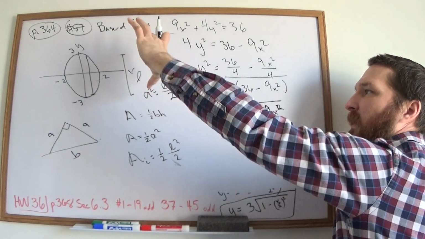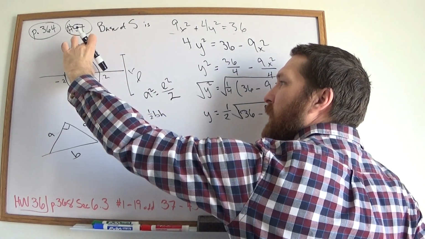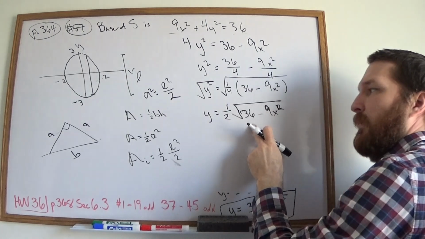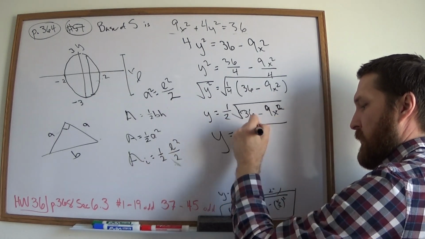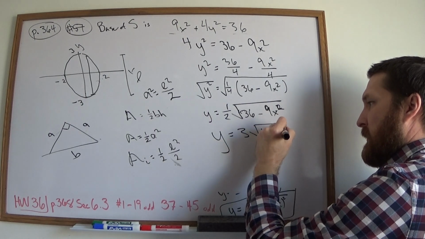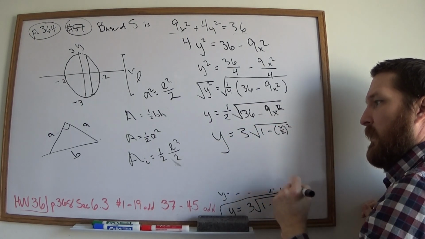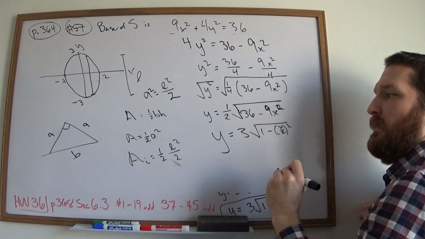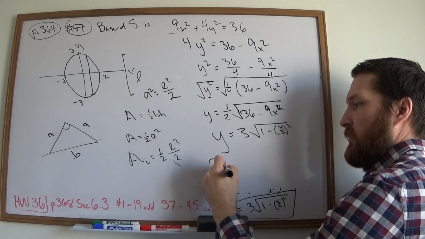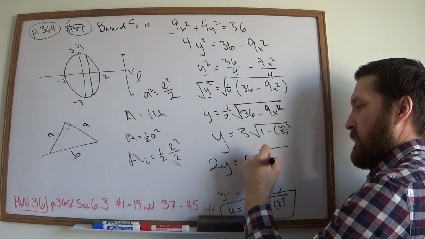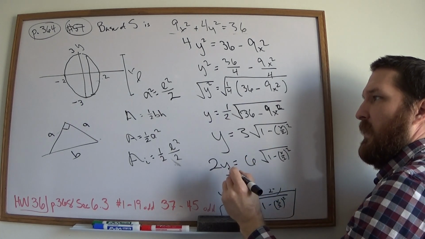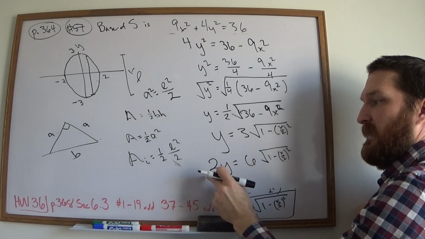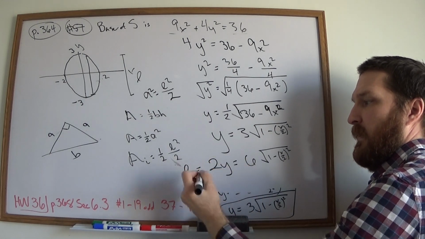So now I need to find L. I know this part, so L must be 2 times whatever that part is. So y is 3 root 1 minus x over 2 squared, and 2y is 6 root 1 minus x over 2 squared. And that's L, yeah?